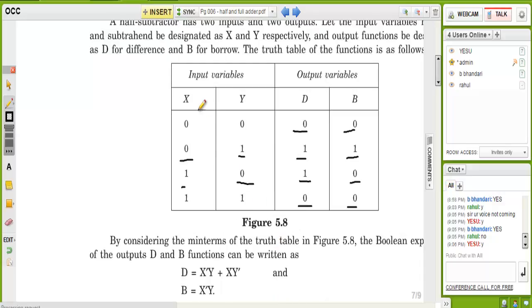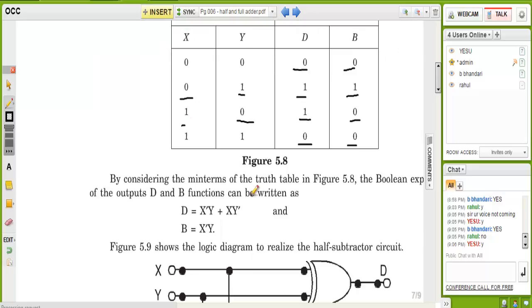So it is our truth table. Now by implementing this truth table, we can get D is equal to x bar y plus x y bar, and borrow B is equal to x bar y.